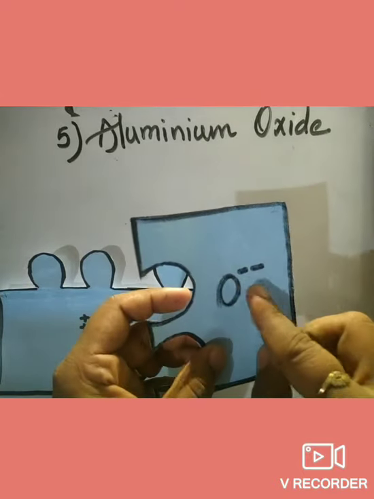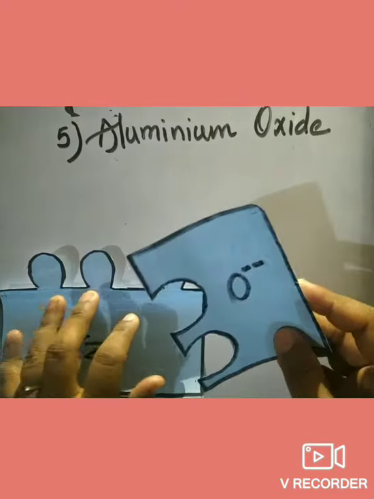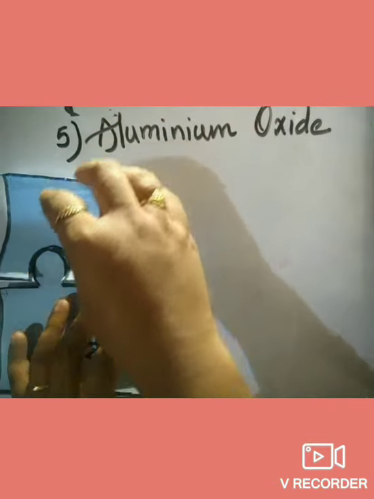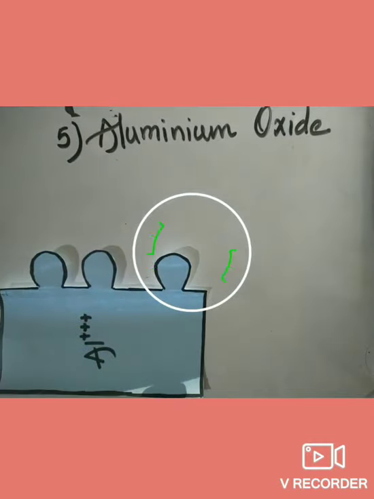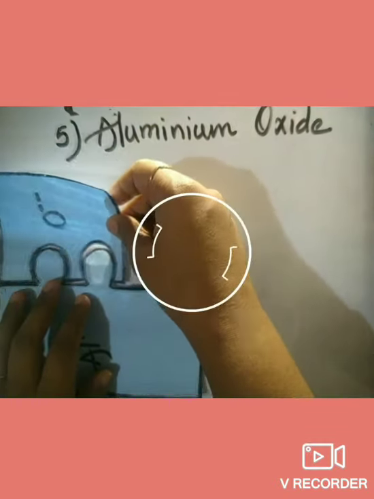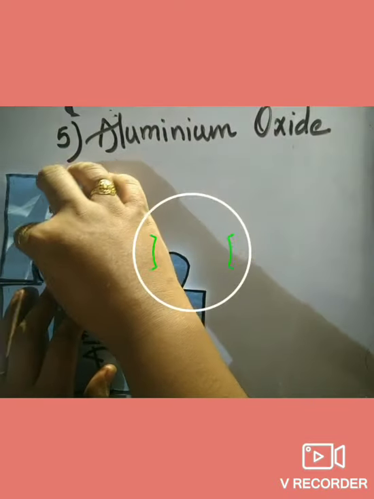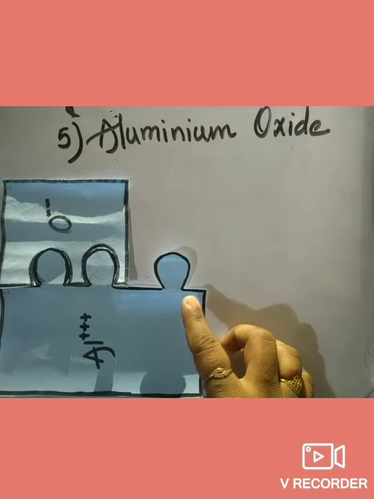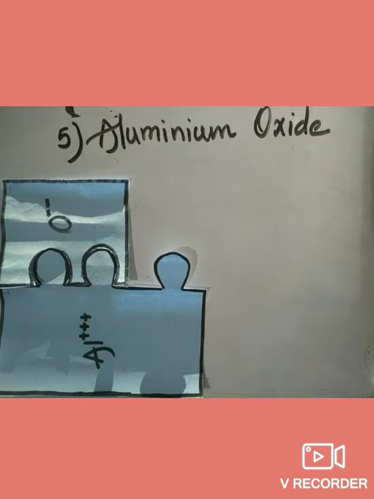Oxygen is having 2 negative charge. So it is going in this way. Okay. So is it a complete compound? No. 1 extra part of aluminium is remaining.